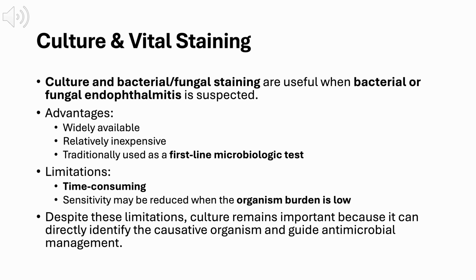The limitations are that culture is time-consuming, and its sensitivity drops when the organism burden is low. But here's why culture still matters, even in the PCR era. It can directly identify the causative organism, and crucially, provide the antimicrobial susceptibilities that guide treatment, something a DNA amplification test alone doesn't give you. So culture and PCR are partners, not rivals.